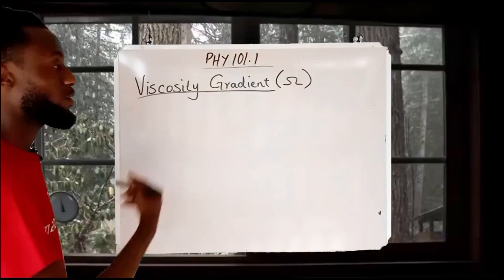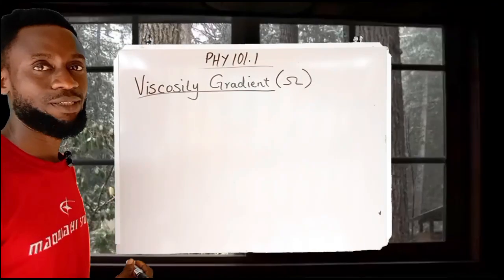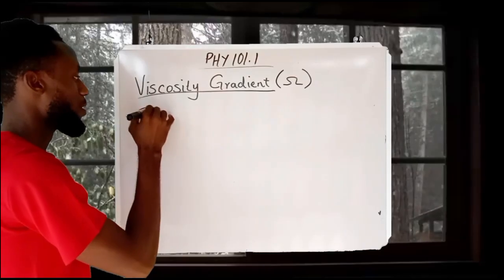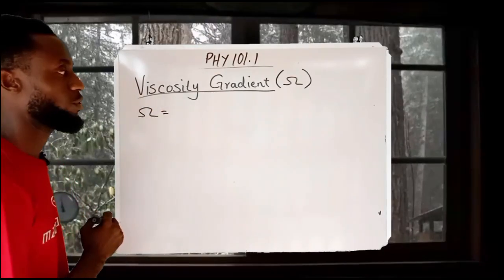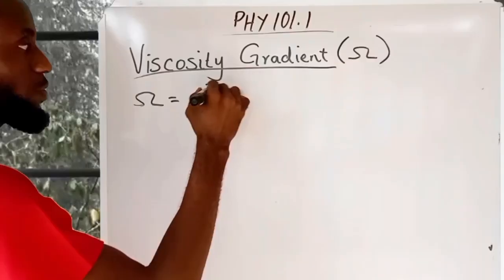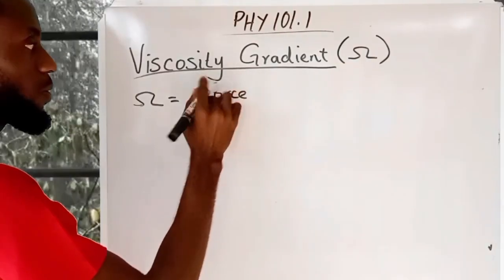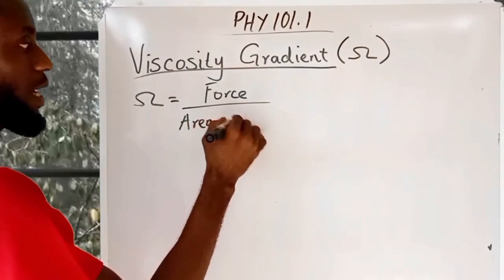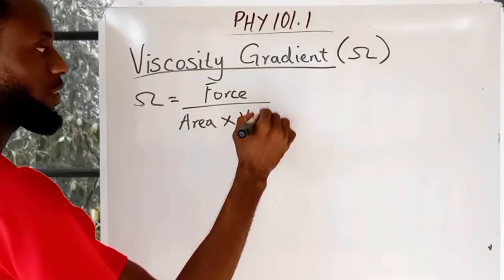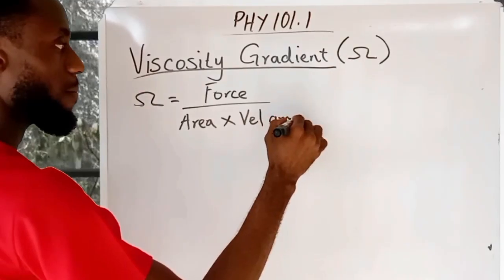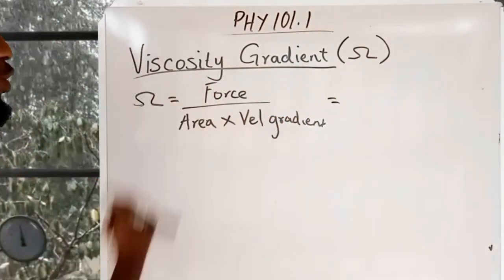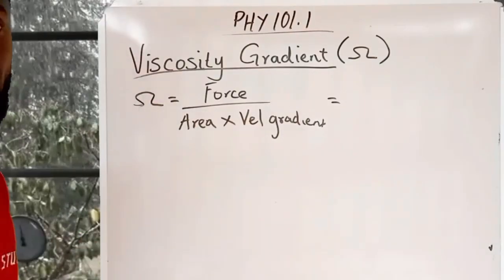All right, another parameter here, viscosity gradient. What is viscosity gradient? For those who will learn fluid mechanics later on, the formula is force divided by area and velocity gradient. We already know what force is, we know what area is.